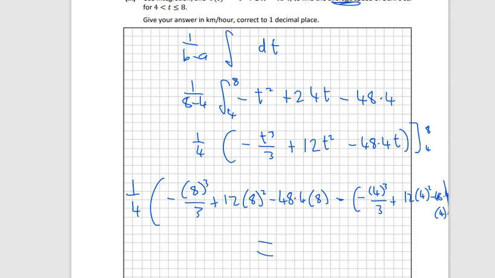And it's just calculator work then. You can simplify it a little bit and put it into the calculator. And you should get 58.3 in the end.